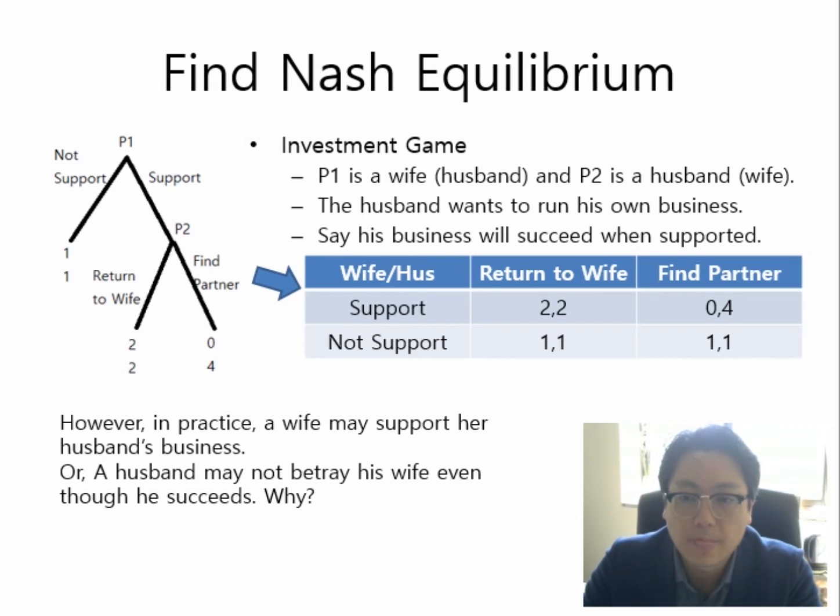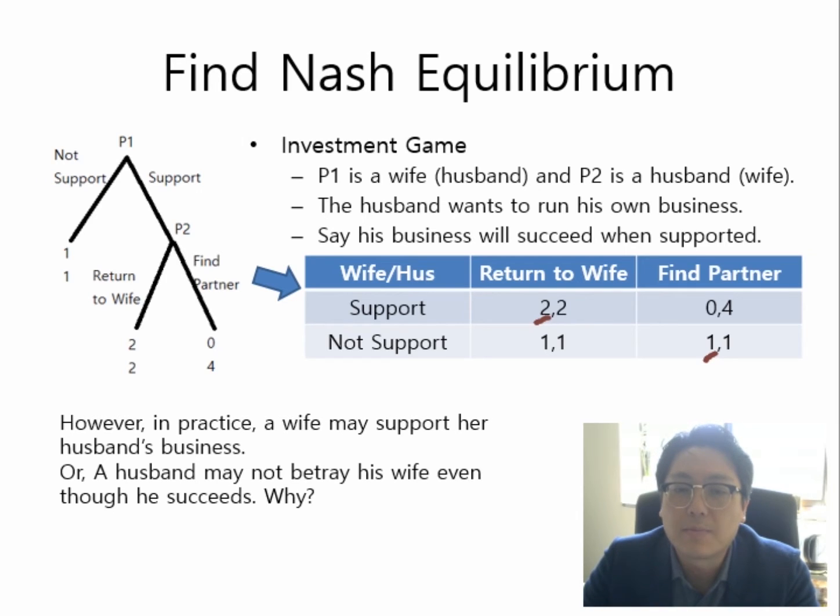Now look at this. In this form, we can solve it just by using the Nash equilibrium. From the wife's perspective, if the husband is choosing to return to the wife, then it's better to support. But if the husband is choosing to find a new partner, it's better not to support.